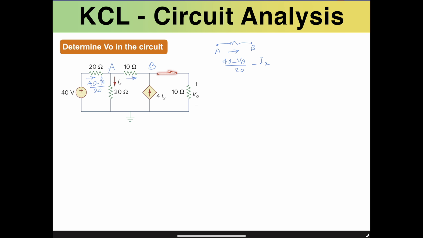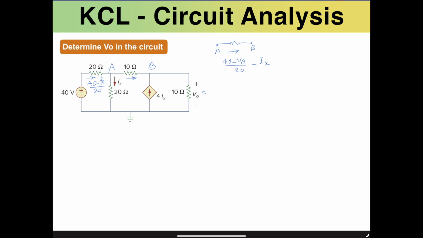There is also another current that we need to calculate on this branch. Since we know the voltage drop across this 10 ohms, we can easily find the amount of current passing through it. If you look closely, VO is in parallel with VB, so VO is exactly the same as VB.